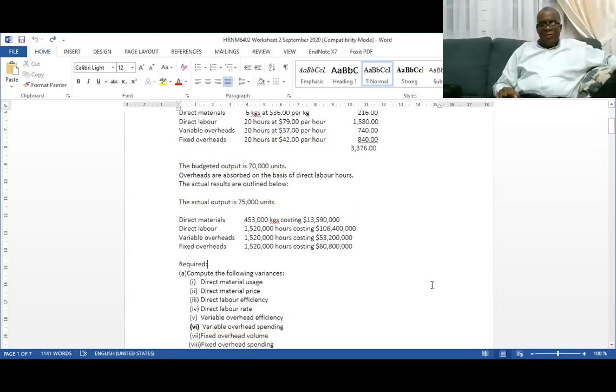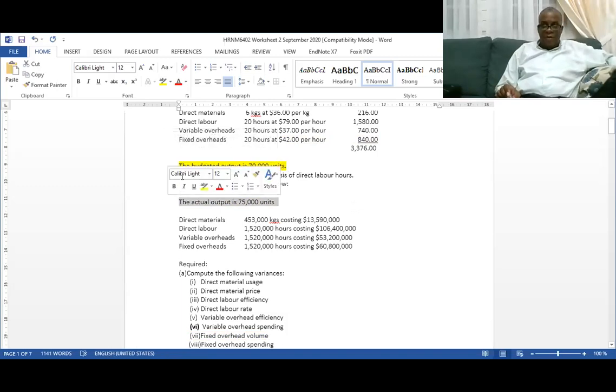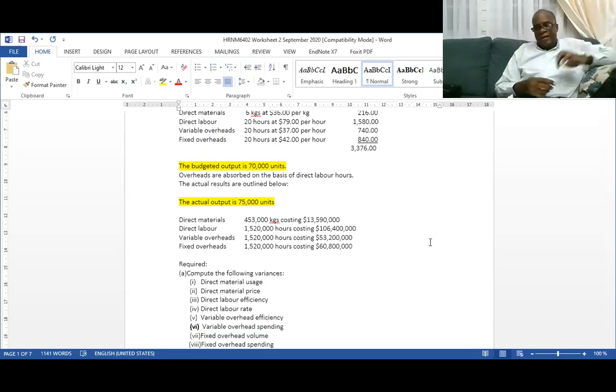We planned to produce 70,000 units, but we produced 75,000 units, and that would make it a good thing. So we know it's going to be favorable. When we multiply the 70,000 minus 75,000, in other words 5,000, by what figure, class?